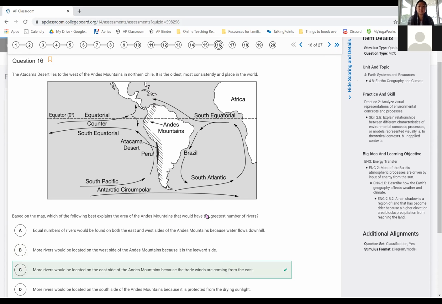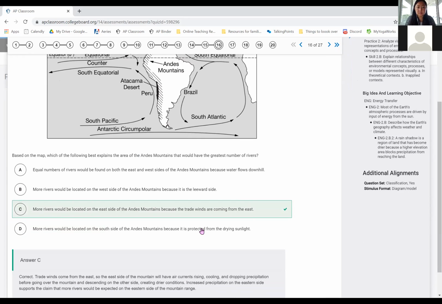So this one talks about rivers and freshwater. Whenever they talk about rivers and freshwater, you want to be thinking about rain, because that's really the origin of most of our bodies of fresh water. Let me know what feels confusing.